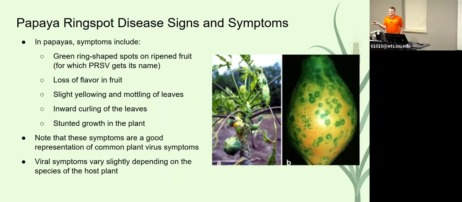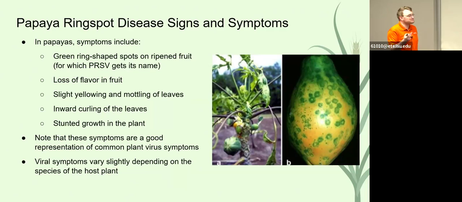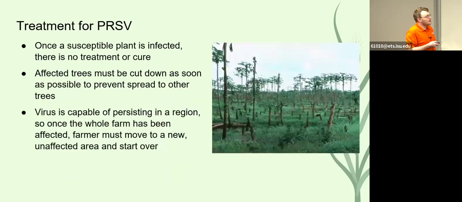And so the aphids have time to bite a plant before you even know it's infected, which means you can have a whole orchard of infected trees and not know it until it's too late. That's a big problem. So the treatment is basically wipe out the forest and move.